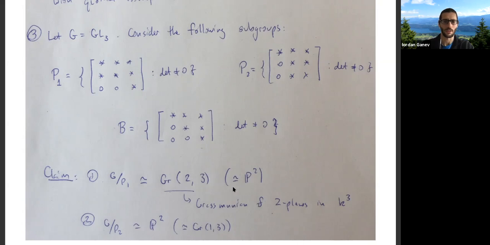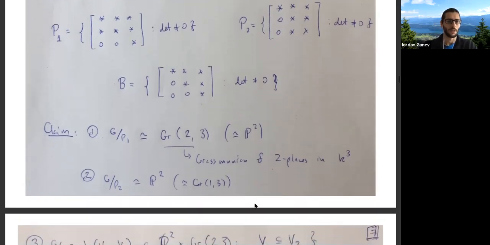And in fact, this Grassmannian is isomorphic to P2. Anytime you have one less than the number of dimensions, the Grassmannian of hyperplanes in a vector space is the same as lines in that vector space as an algebraic variety, so that's P2. So it's in particular projective.